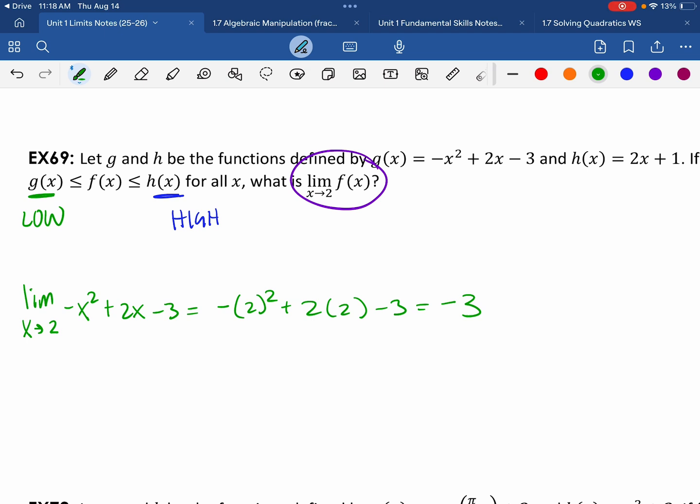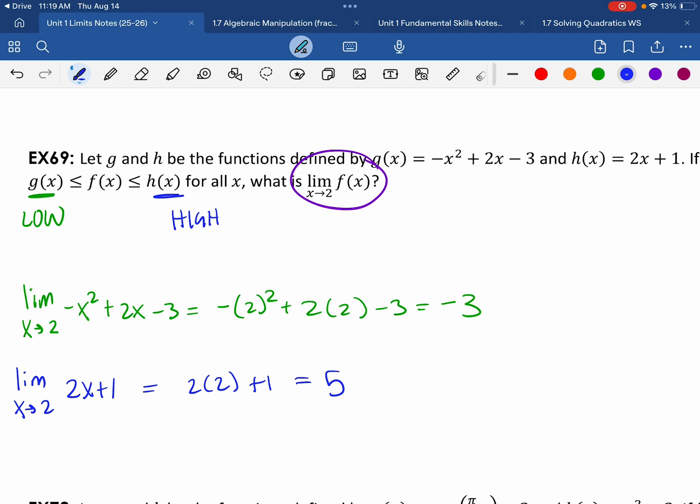All right, so the low function limit is at negative 3. Now I've got to do the same thing for the high function. So the limit as x approaches 2, and my high function is just 2x plus 1. That's the h of x function. Does that make sense? So 2 times 2 plus 1, which is going to give you 5. So the low function's at negative 3, the high function's at 5.